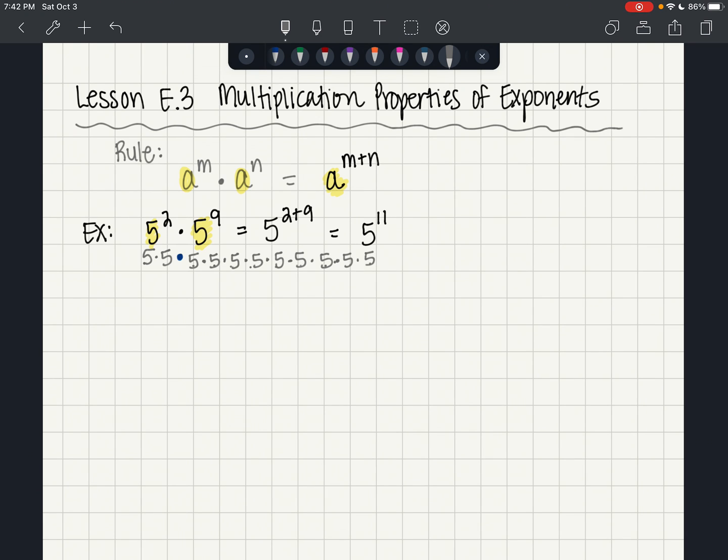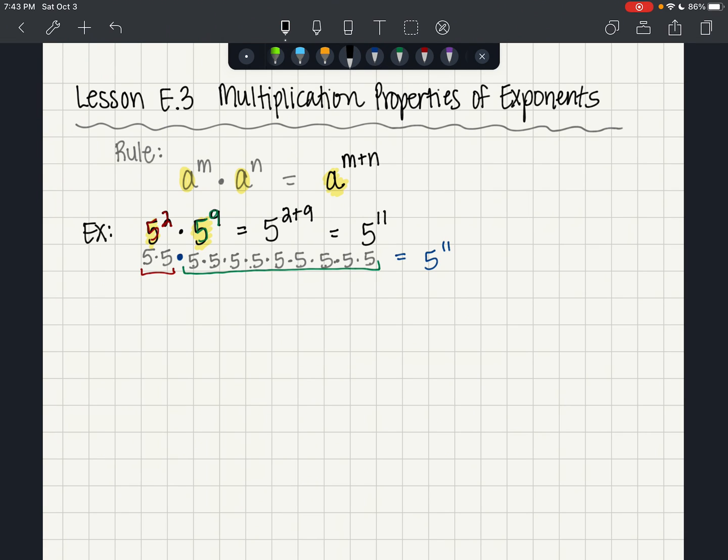So here's our 5 to the 9th, and here's our 5 squared. Well, exponents are just repeated multiplication. So we've got a base of 5, and how many are there? There's 11 of them. So that is why this works in keeping the base and just adding the exponents.